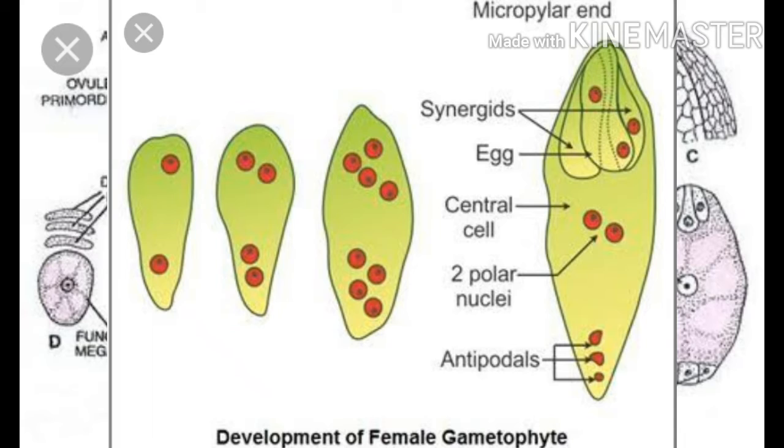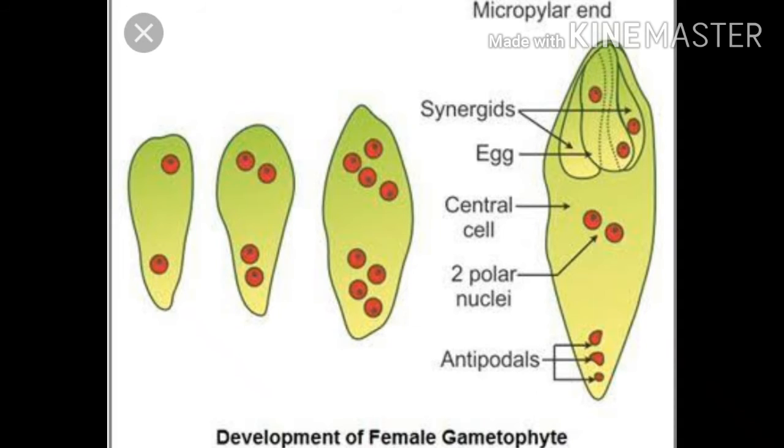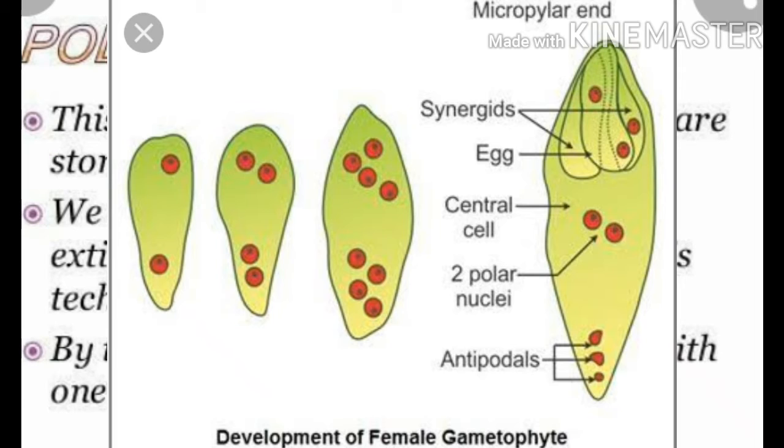single diploid secondary nucleus. The central large cell of the egg apparatus is the female gamete, that is egg, which is partially surrounded by 2 lateral synergid cells.